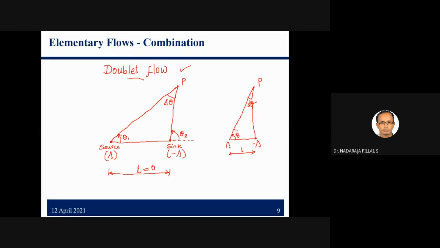So I draw a line perpendicular from this line, and this is 90 degrees, and I want to say that this is A, right? And this distance is R. Okay. So again, this distance is B, right? So this is a limiting case for doublet.